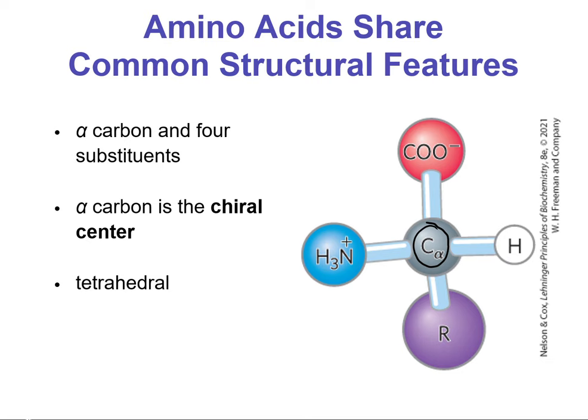The shape is tetrahedral, and they all have this amino group here and this carboxylic acid. There's a hydrogen, and then there's this R group, which is different depending on the side chain. The side chain is what gives each amino acid its own little flair.